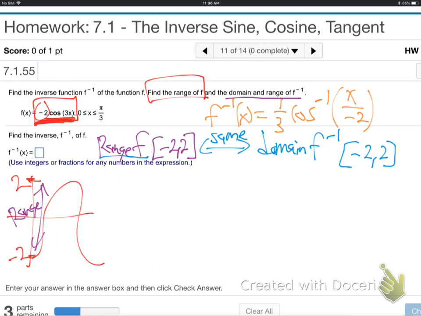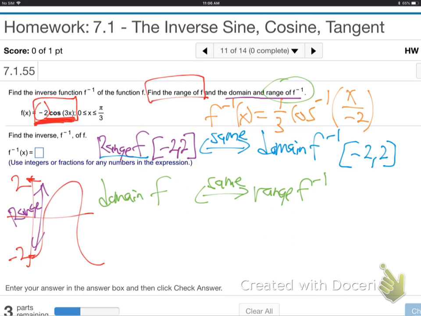Finally, last thing they want is the range of f inverse. So how do we find it? Well, it's going to be the same as the domain of f. So domain and range switch for the regular function and the inverse function.